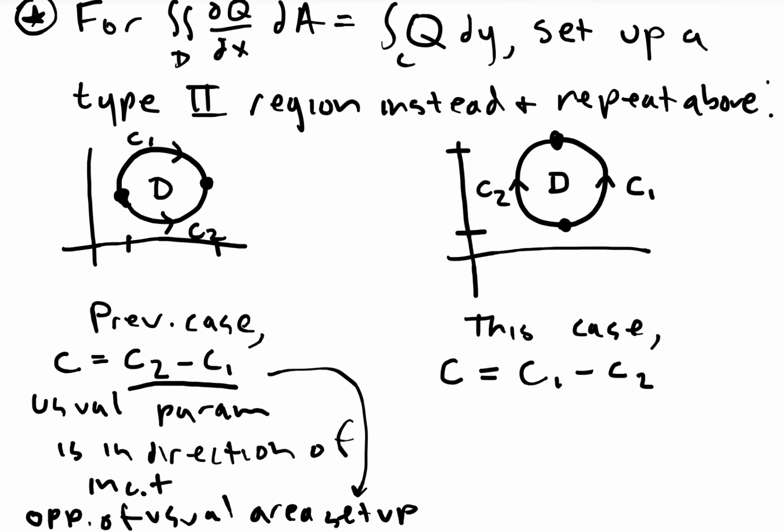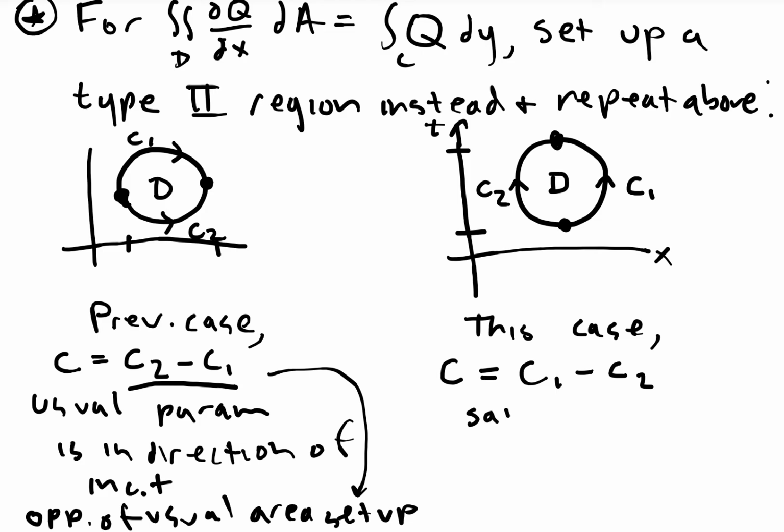So this is the opposite of my usual area setup. Now on the other hand, over here where I've got this C1 and C2 curve, again, your usual parameterization for these curves goes in the direction of increasing T. Here for this setup, you're going to use T and X instead, because both of these are functions of Y. So if I'm using this C1, travel in the opposite direction, C2 to build my C, the usual parameterization that we would get for that is actually in the same direction as how we would usually do area setup, right?